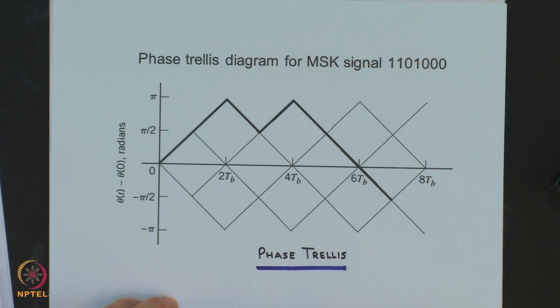Now, remember that for h equal to half, since the frequency difference turns out to be half the bit rate, this is the minimum frequency spacing that allows the two FSK signals representing symbols 1 and 0 to be coherently orthogonal, in the sense that they do not interfere with each other.